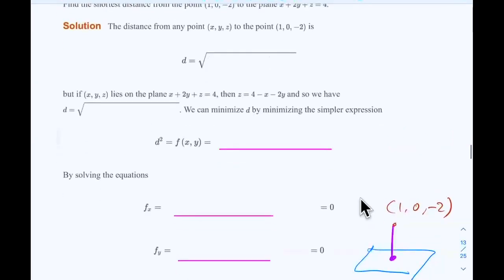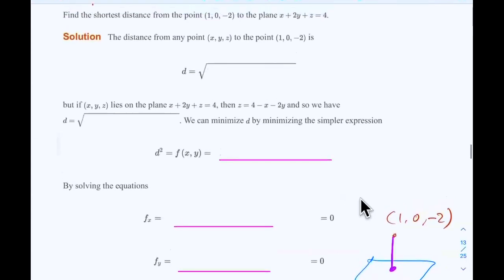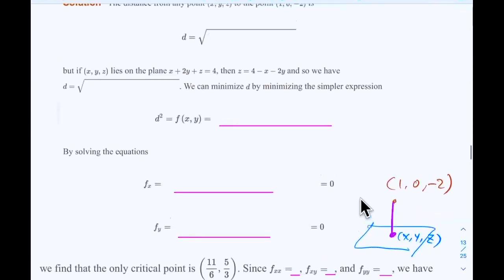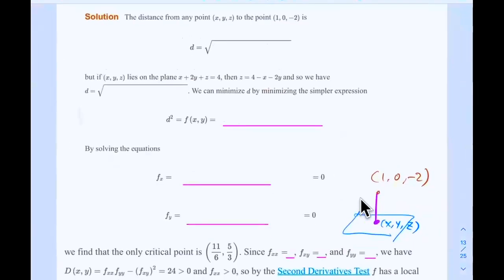Now, if I label this point on the plane x, y, z, then what's the distance between these 2 points? What's the formula? Do you guys remember the distance formula?